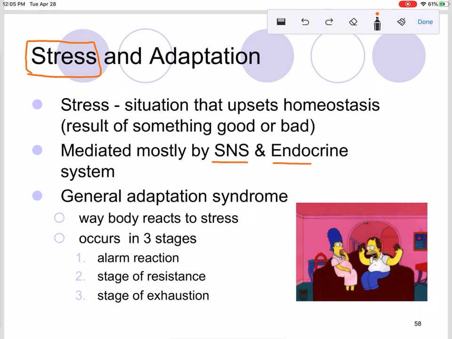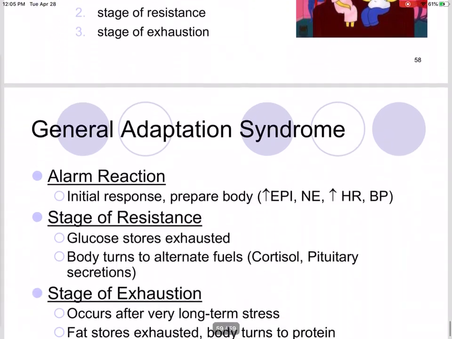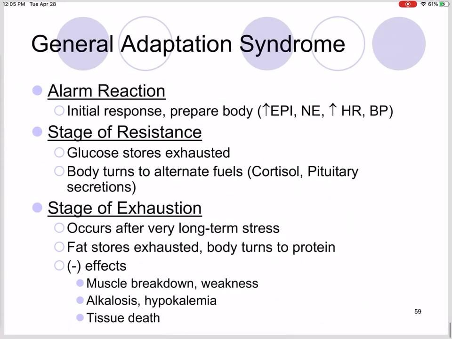But in any case, once we experience stress, our body is going to respond by activating the autonomic nervous system, mostly the sympathetic nervous system, and of course the endocrine system, because, I've said it so many times, what two body systems regulate our overall body and therefore would be most important to regulate stress? The nervous system and the endocrine system.